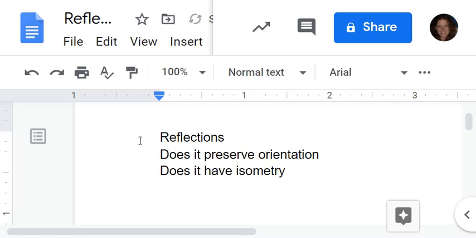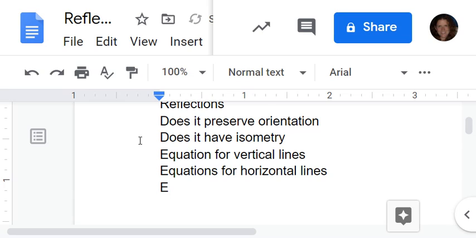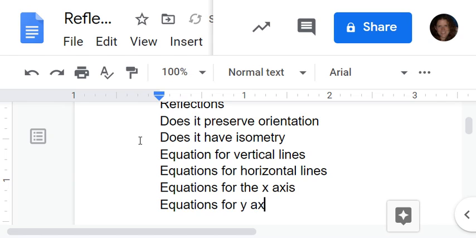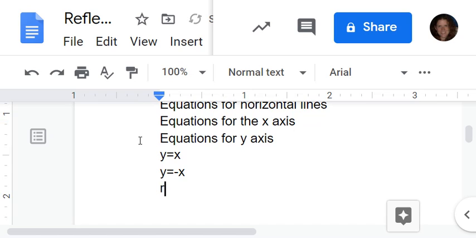And then we're going to look at equations for vertical lines, equations for horizontal lines, equations for the x-axis, and equations for the y-axis. We're going to do y equals x, y equals negative x, and reflection notation.